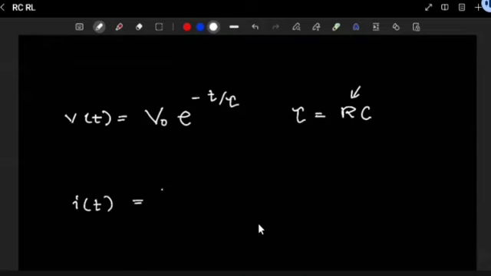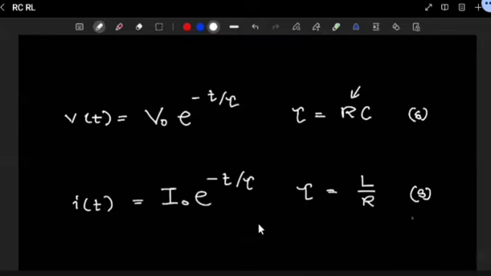So in this case, you're going to have i(t) equals I0 e to the minus t over tau. But for an inductor, tau, the time constant, is given by the inductance divided by the equivalent resistance in that circuit. Tau here is the time constant, and the units are seconds. Even here, the units are seconds.